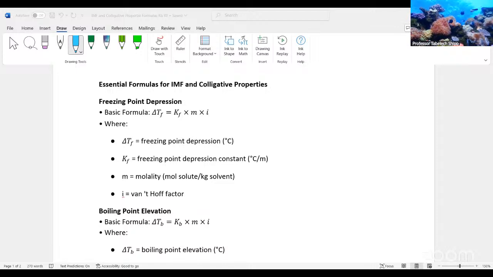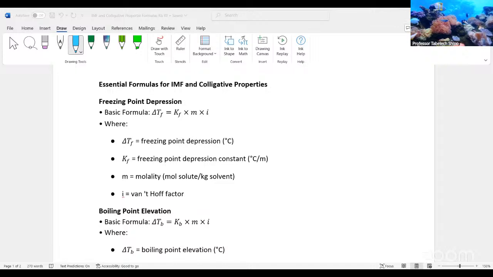So whenever you look at a problem, you may not be familiar with the steps and procedures you would have to go through in order to understand how all of this works. So what I'm going to do right now is walk you through this whole process on colligative properties so that you will understand what this all represents and what it means, okay?